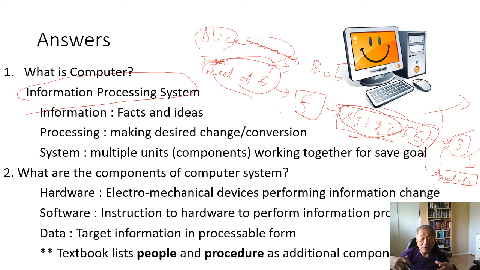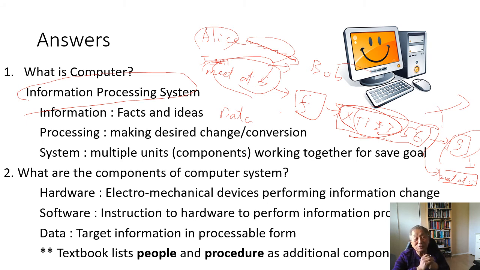In another way, if we take a whole bunch of numbers and convert them into a shape or some picture, that is a great form of processing. Computer graphics does that. So information is some kind of facts and ideas; think of it as data, some kind of useful information, and then it's being changed.